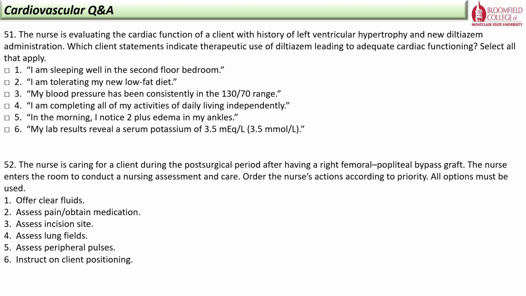So 52, the ranking for the actions should be number 5, assess peripheral pulses, and then assess the incision site, number 3, go back and assess the lung fields, number 4, then number 2, assess pain and obtain medication for pain management, then number 6, instruct the client on positioning, and the last one is number 1, which is offer clear fluids.